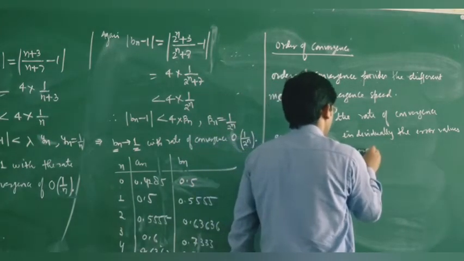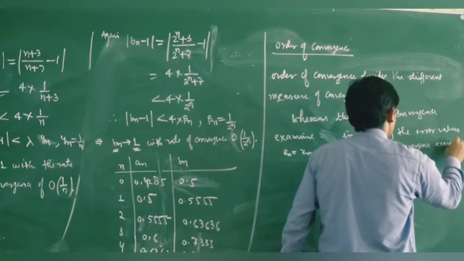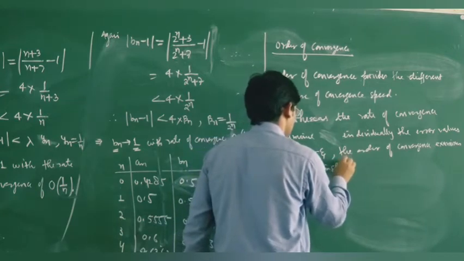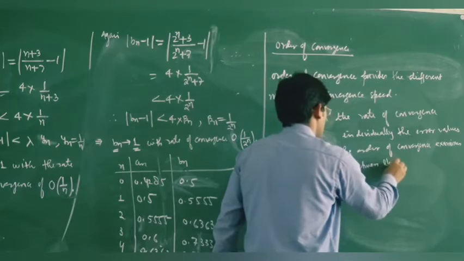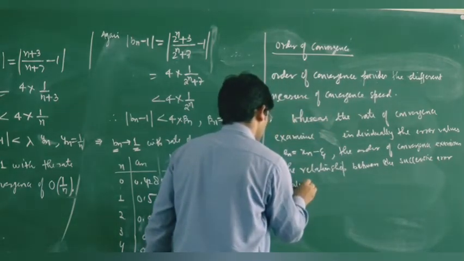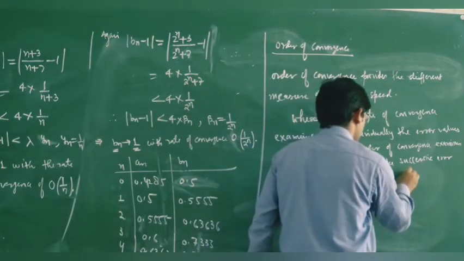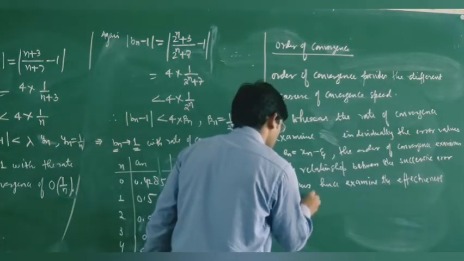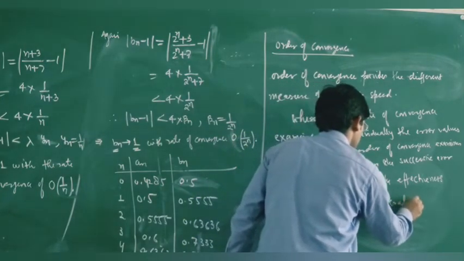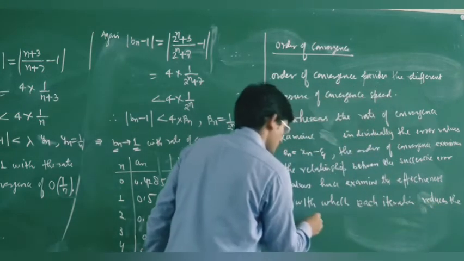The order of convergence examines the relationship between the successive error values, hence examining the effectiveness with which each iteration reduces the approximate error.